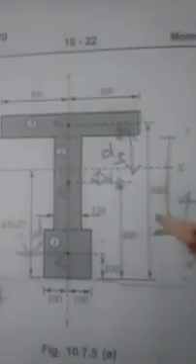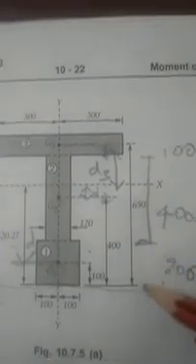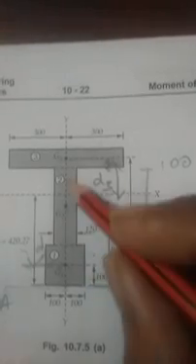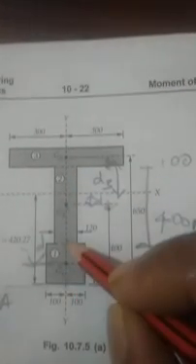Okay, what is 20.27? See here, the center to centroid distance from here to here, the centroid is 420. But what is this distance? From here to here it is 200, and from here to here it is 400, total 600. So consider here it is 200, and you take it here only 200.